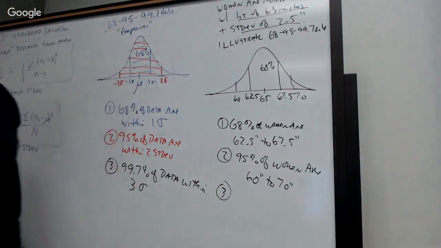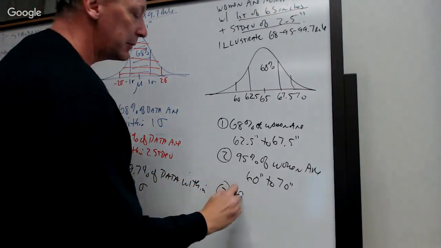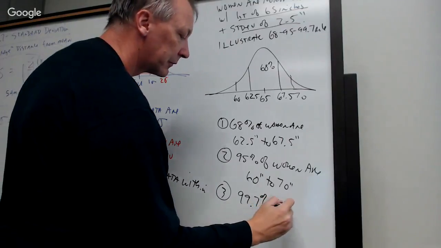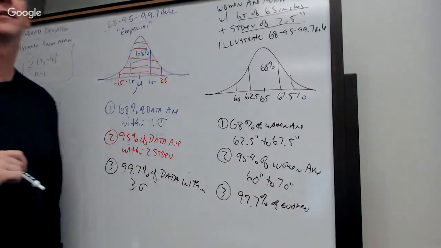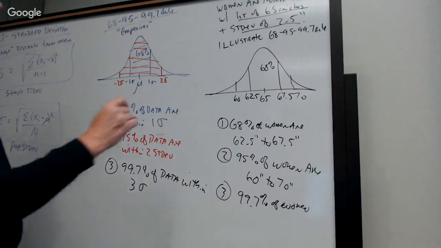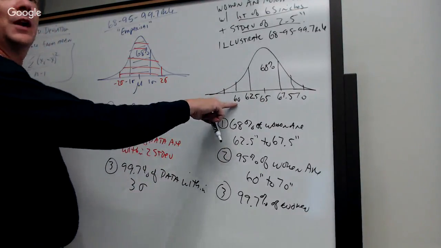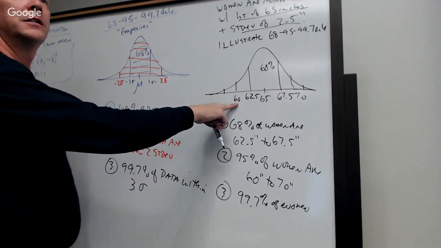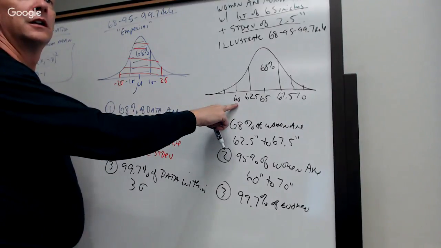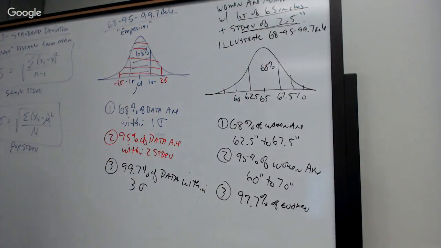And number 3, tell me your name on the end. Gentry. How tall are 99.7% of women? I'm going to subtract what? 60 minus 2.5.